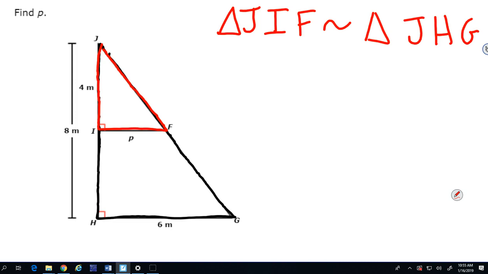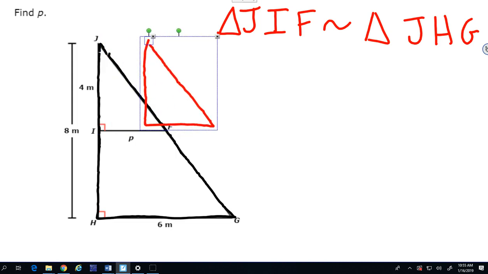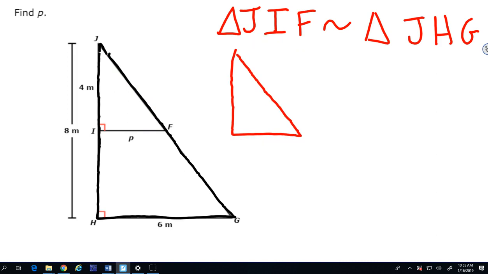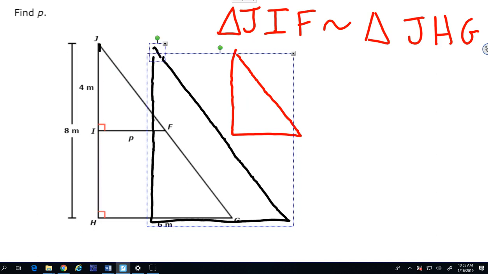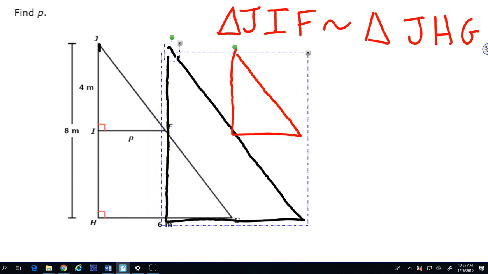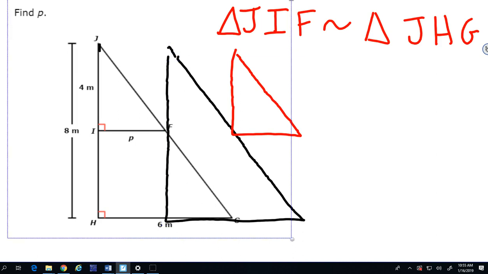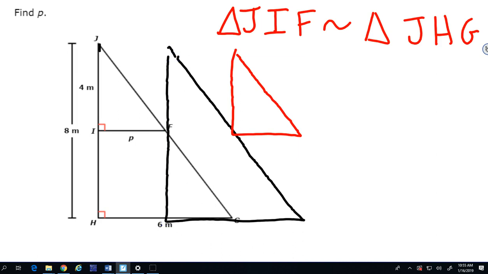Okay, so let me show you. Let me show you how you can do this. So when you have a problem like this, and let's hope it'll let me do it. There's our one triangle. What you're going to want to do when you have something like this is to go ahead and draw them separately. So that's the smaller one, and then the larger one is here.